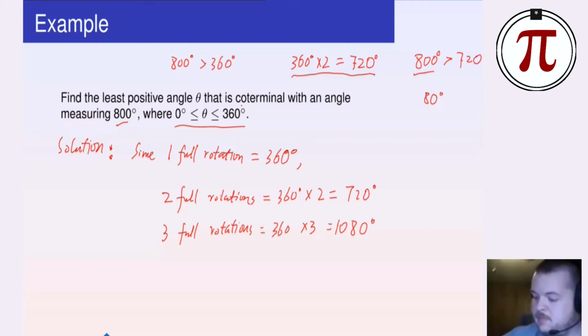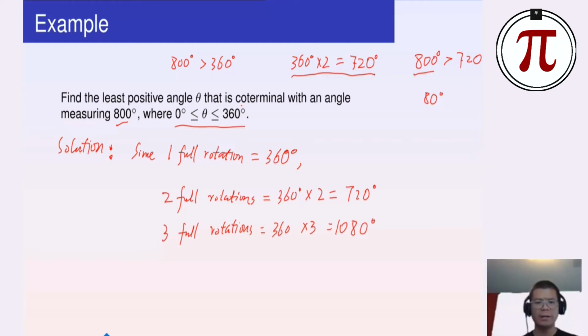Now we don't have to go more because we found out that 800 is right between 2 full rotations and 3 full rotations, because this is 720 and this is 1080, right?